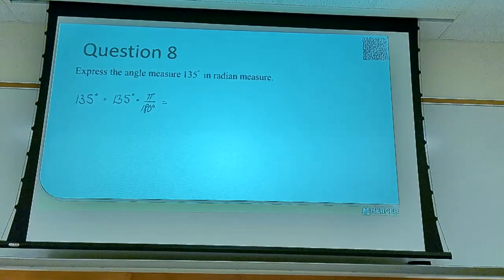They're both divisible by 9, so that's a start. 135 over 9 is 15.